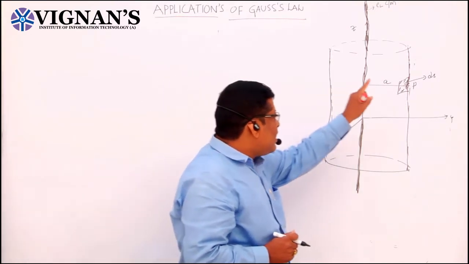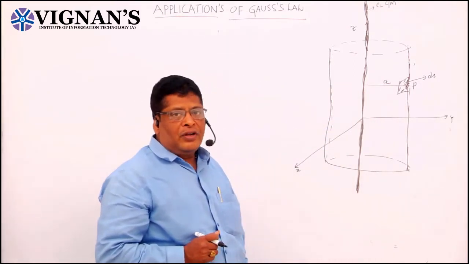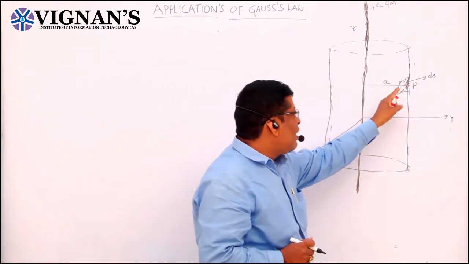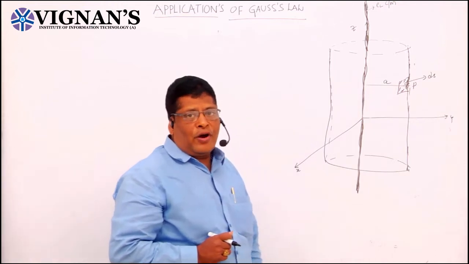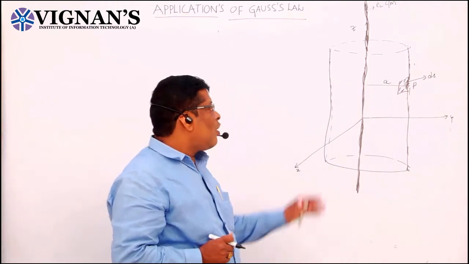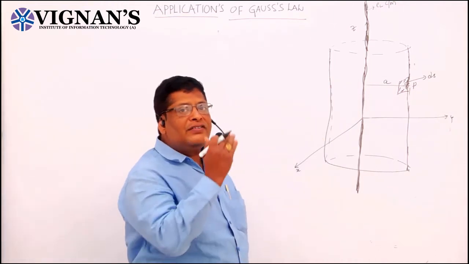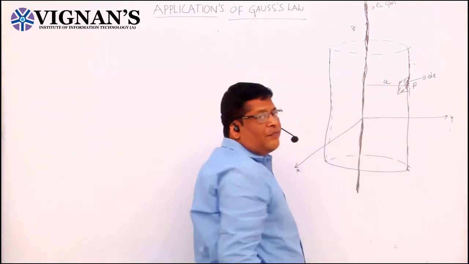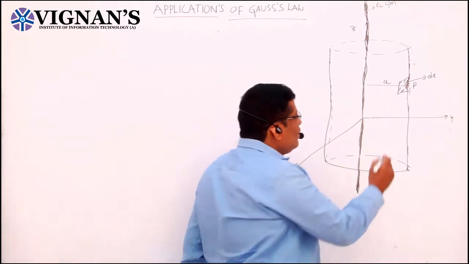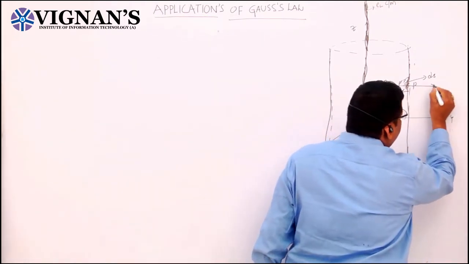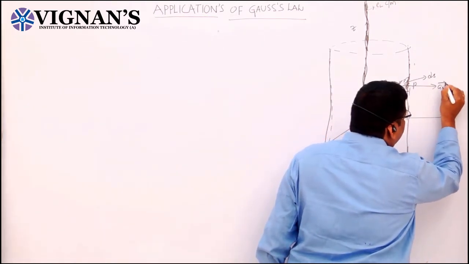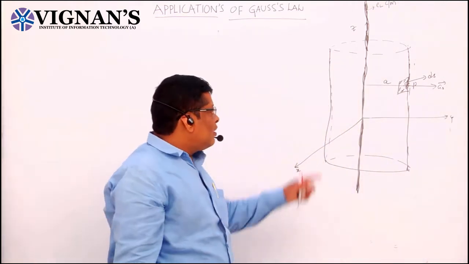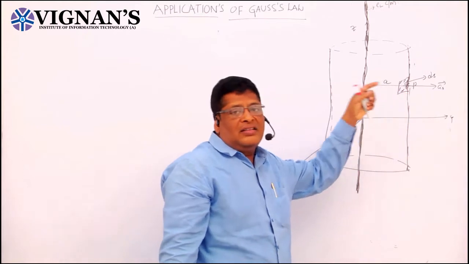The differential surface area is always perpendicular to the radius of the cylinder. That's why here we take one unit vector, a R bar, which is a unit vector in the direction of the radius of the cylinder.